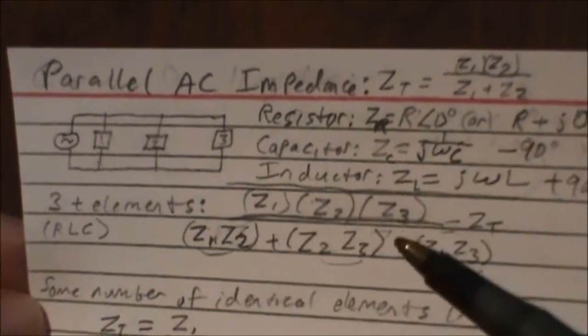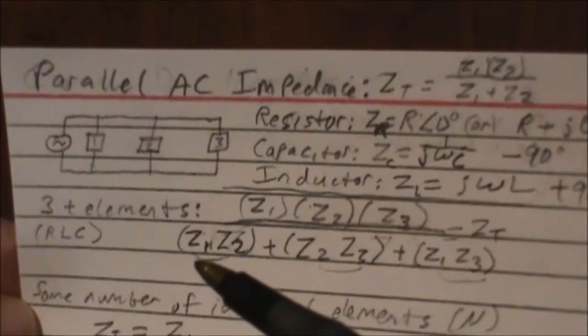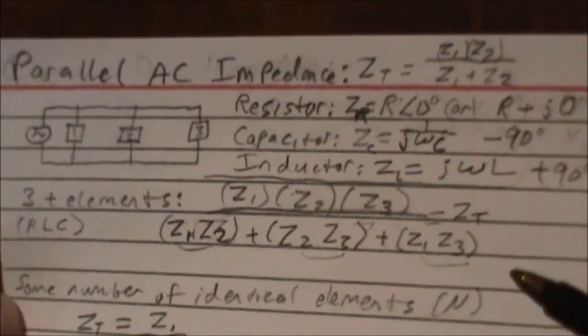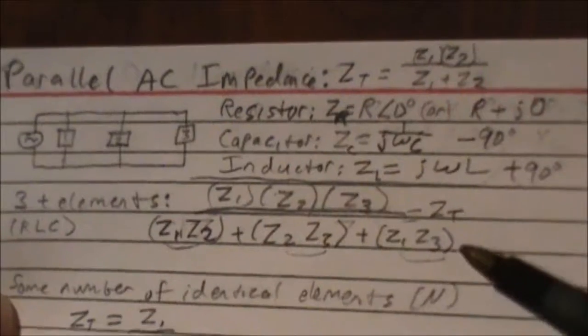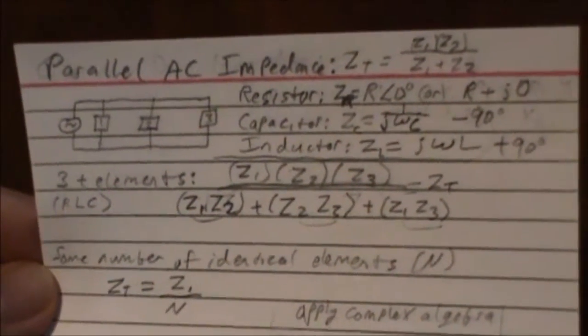Or if you have three elements, it's the product of all three over the product of 1 and 2, plus the product of 2 and 3, plus the product of Z1 and Z3, if they're all different impedances. It builds out from there, and there are probably more advanced formulas online.